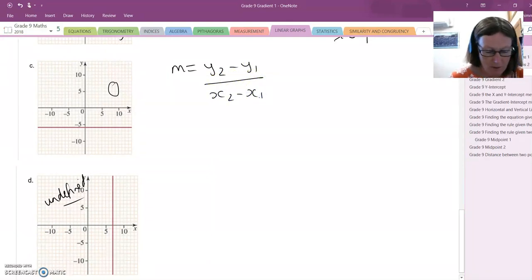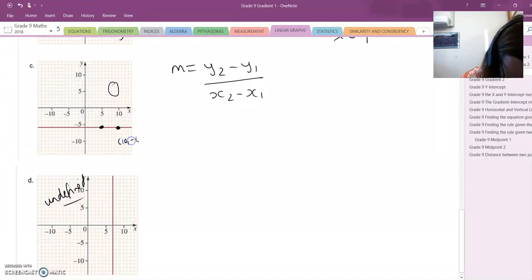Okay, I'm going to pick any 2 points along this line. So I'll pick this point here and the point here. So the second point I've chosen is 10, negative 6. The first point I've chosen is 5, negative 6. So I'll call that my x1, y1, my x2, y2.